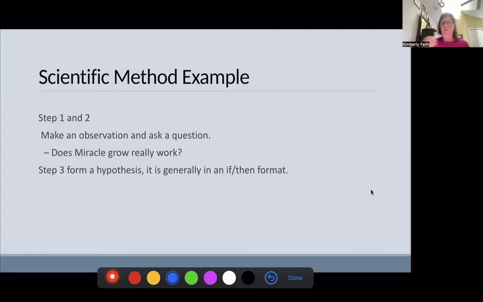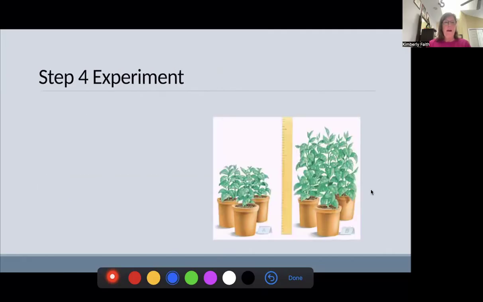It really does depend on what the instructor wants. If you form your hypothesis, you'd say, if I use a fertilizer, in this case, I'm not asking about just any type of fertilizer. I'm asking, if I use Miracle-Gro, then the plants will grow better.